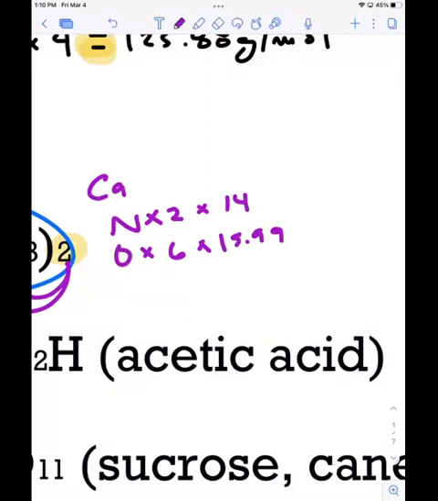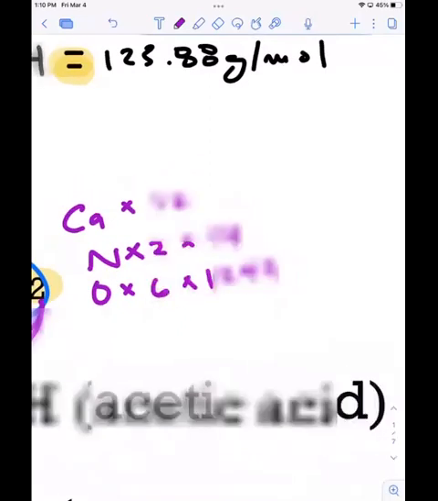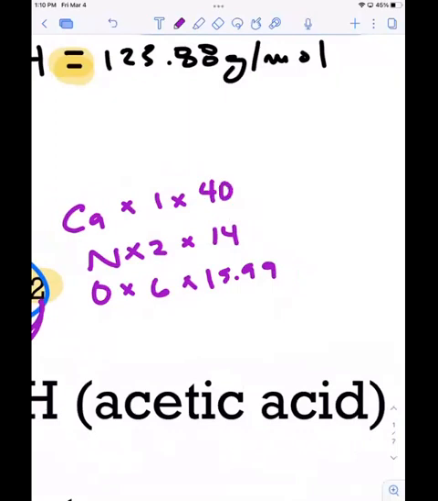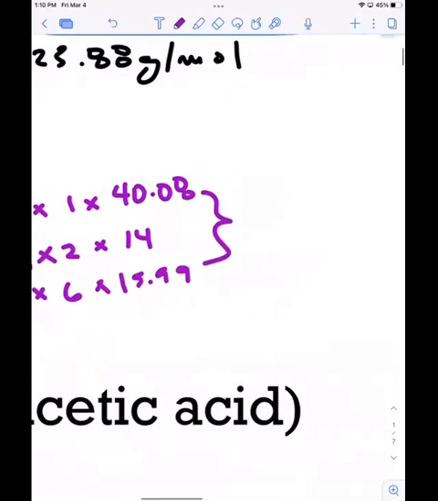What's calcium? Should be 20 something. Is that right? The atomic mass for calcium is 40.078. 40.08. All right. And you know these are all in grams per mole.